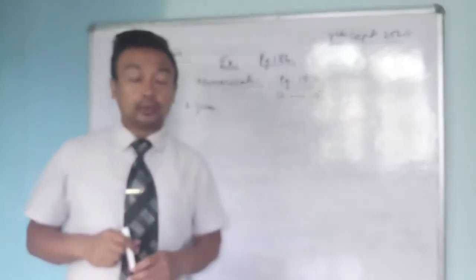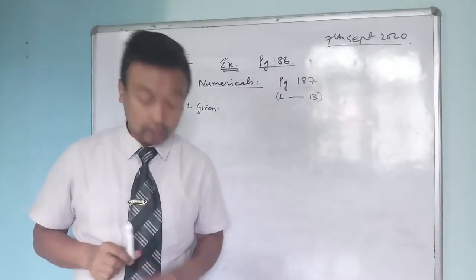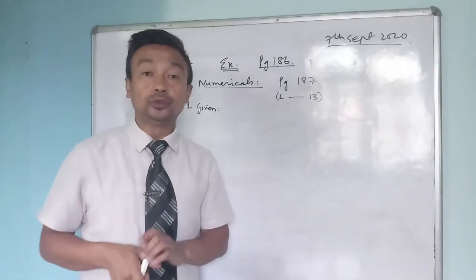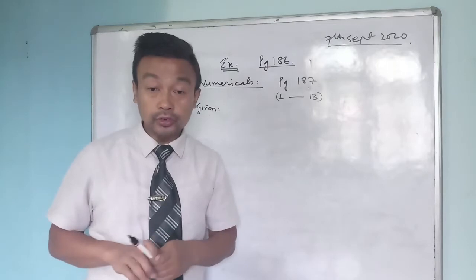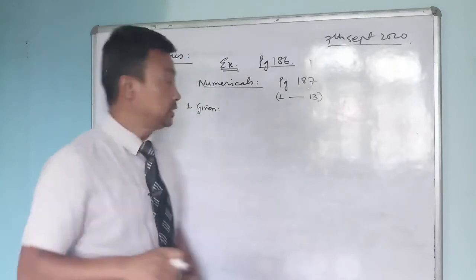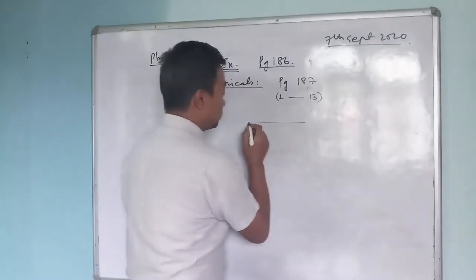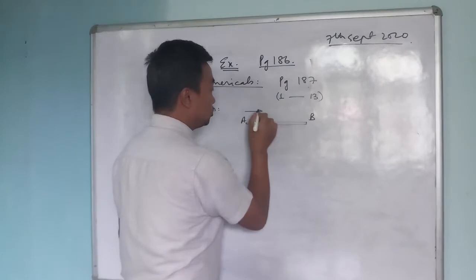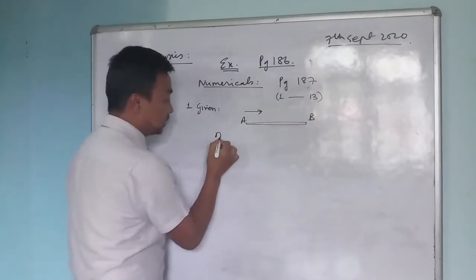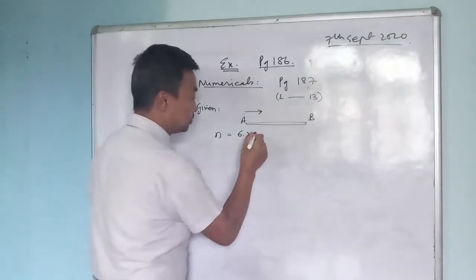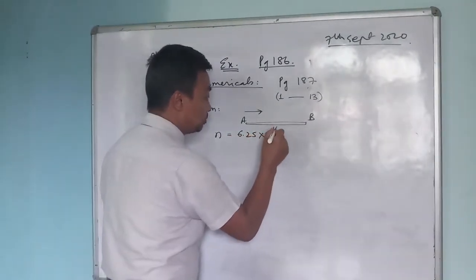The first one: in a conductor, 6.25 into 10 to the power 16 electrons flow from its end A to B in 2 seconds. Suppose this is the conductor, and A to B. The number of electrons is N, 6.25 into 10 to the power 16.